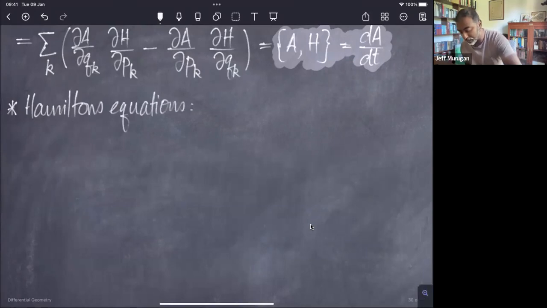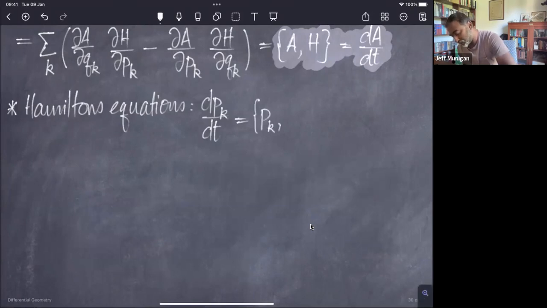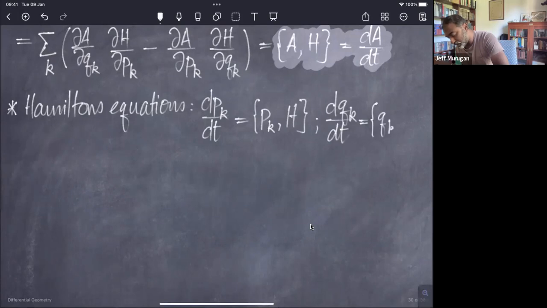And they basically tell us that dp_k/dt is the Poisson bracket of p_k with H, and dq_k/dt is the Poisson bracket of q_k with H. So that's neat.